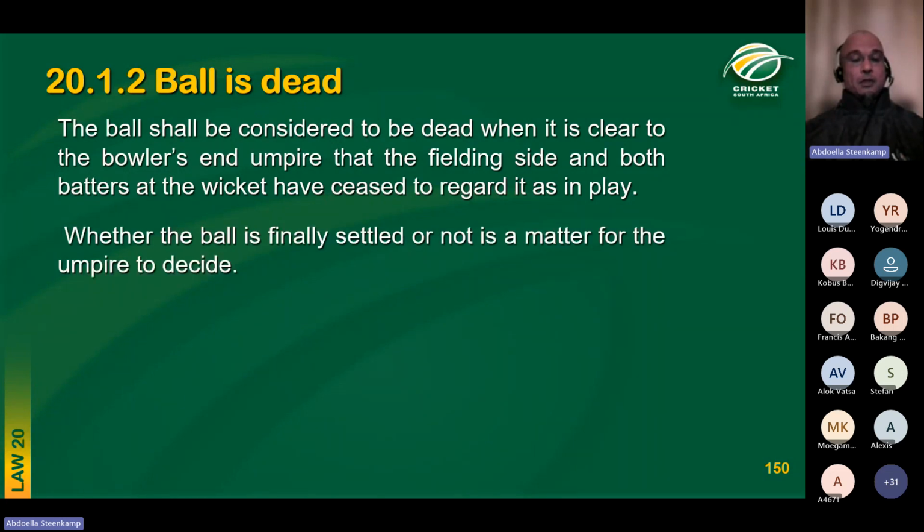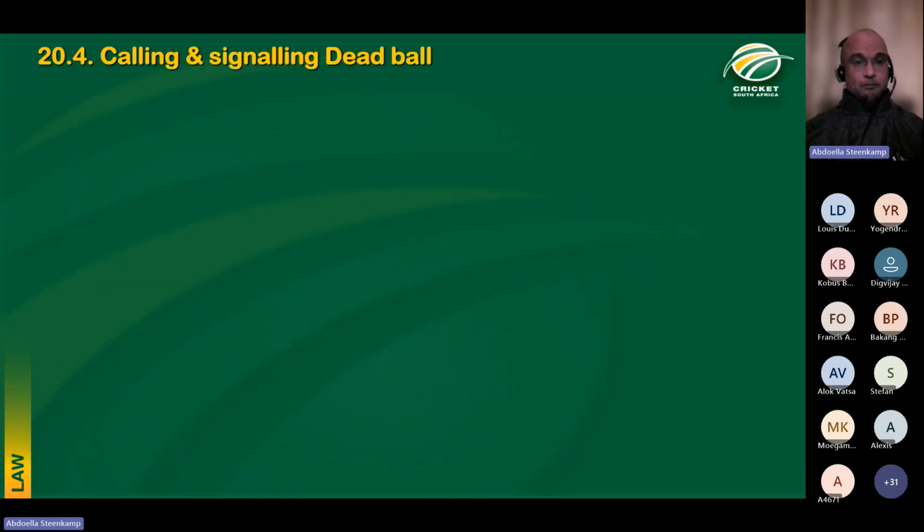I earlier spoke about when the ball automatically becomes dead, when it finally settles in the hands of either the bowler or the wicketkeeper. So who decides if the ball is dead or not? That is for the umpire to decide whether the ball is finally settled or not.